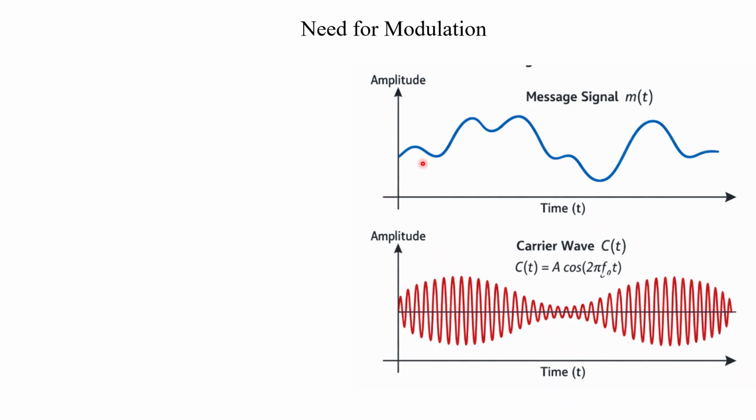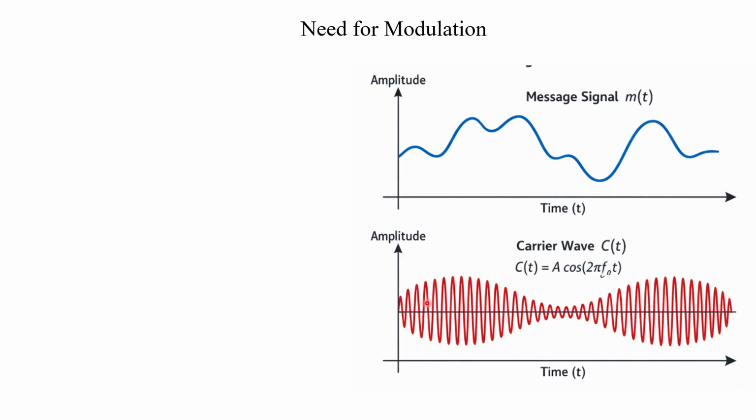Now if we want to transmit our voice signal to a longer distance, 1 kilometer, 1,000 kilometers, our voice signal cannot propagate, so it needs some support. How can we transmit for a longer distance? The answer is that there should be some carrier which can carry this information, that is called a carrier wave.